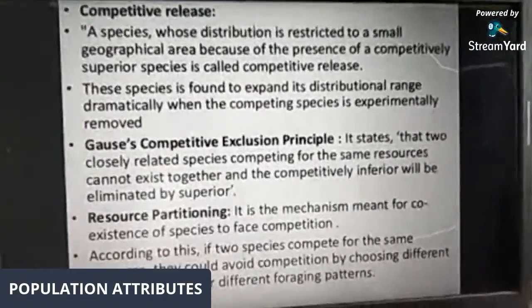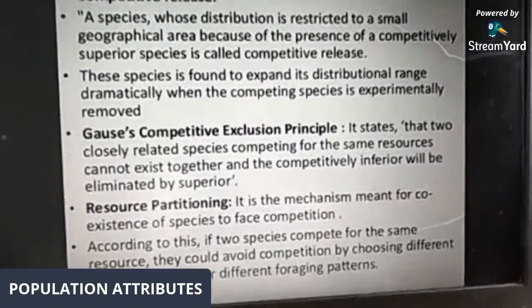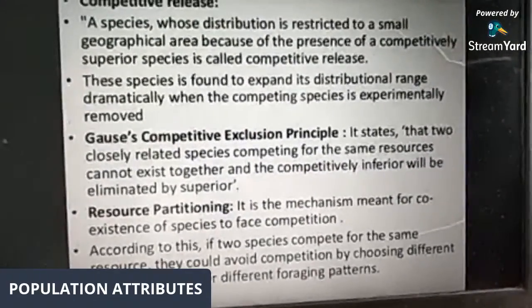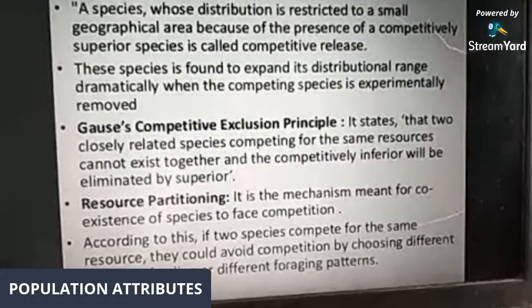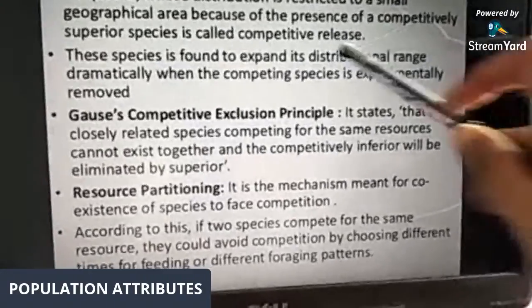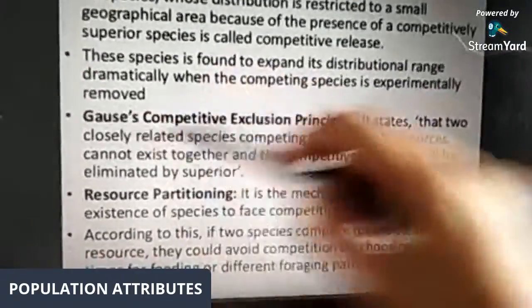Through competitive release you can see that the species whose distribution is restricted to a small geographical area because of the superior species expands its distributional range when the competing species is experimentally removed.